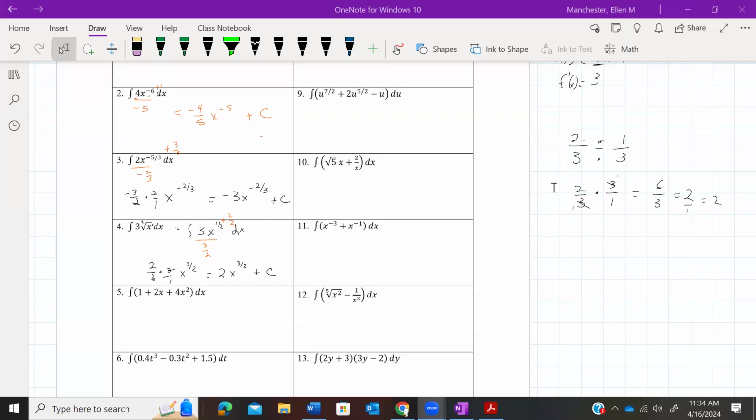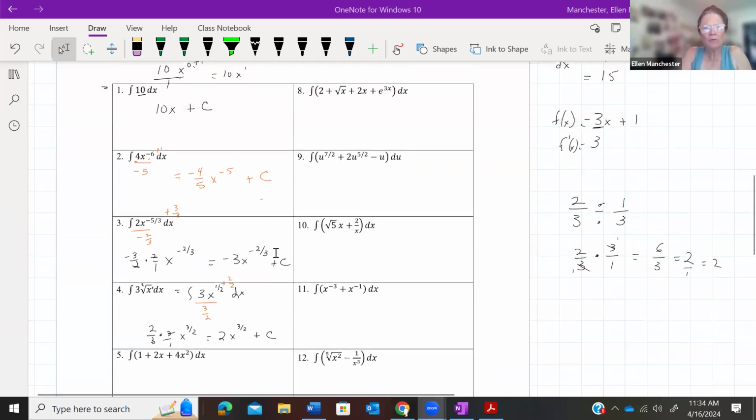I got the same as Javier, so I know I messed up. Okay, okay. So look at number 1 again. You see how it's a constant? Good, Dylan. You see how it's a constant? So remember, with a constant, that's the slope. You're given the slope, and so the actual function is 10x.